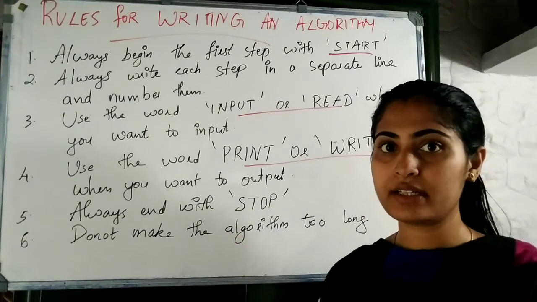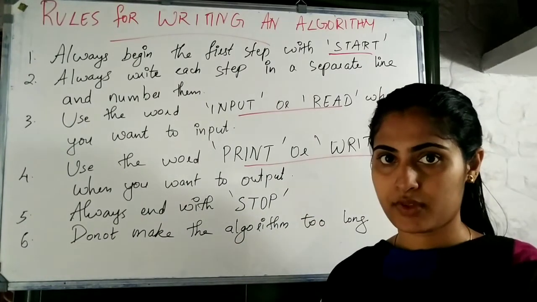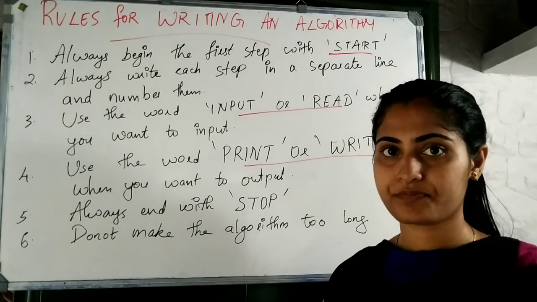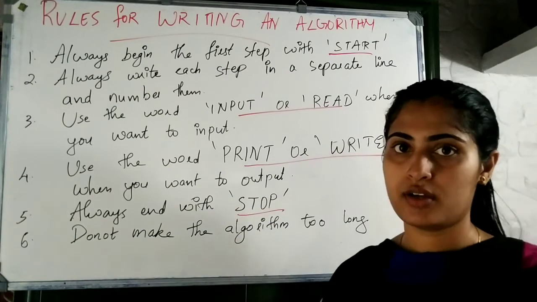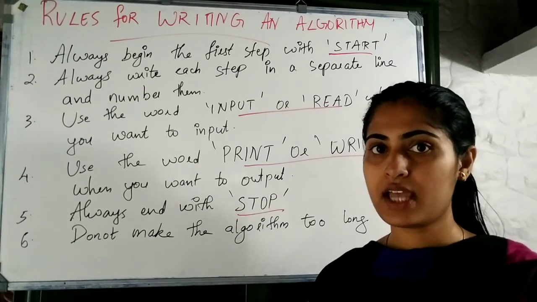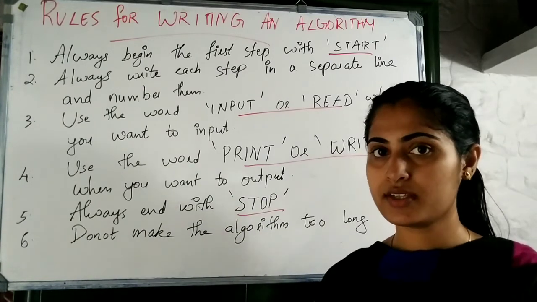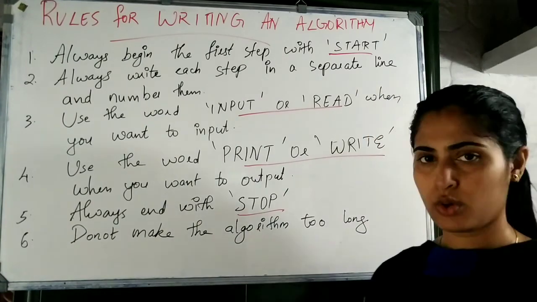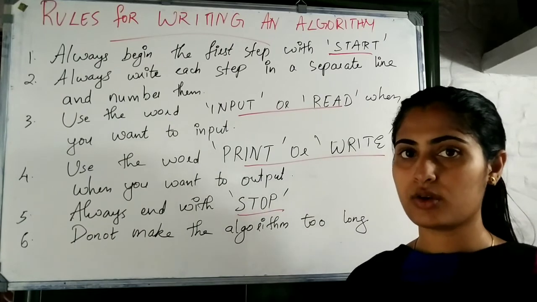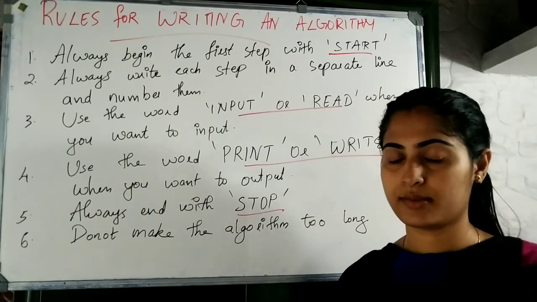For example, print sum, write average. And fifth one is always end with stop. You should always begin the algorithm with start and always end the algorithm with stop. And sixth one is do not make the algorithm too long. Your algorithm should be short and precise.